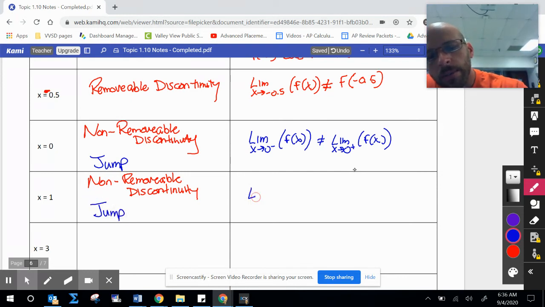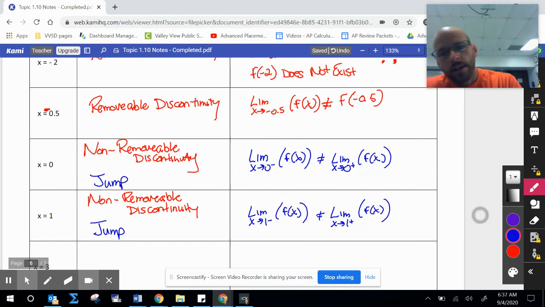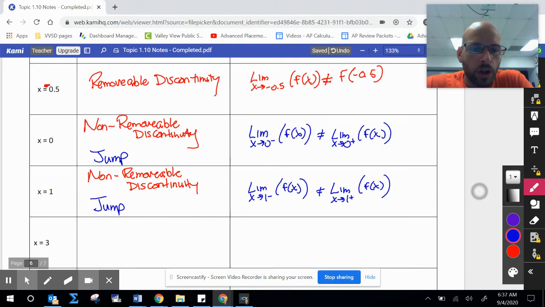The limit as x approaches 1 from the left of f of x does not equal the limit as x approaches 1 from the right of f of x. Therefore, we know it's a jump.